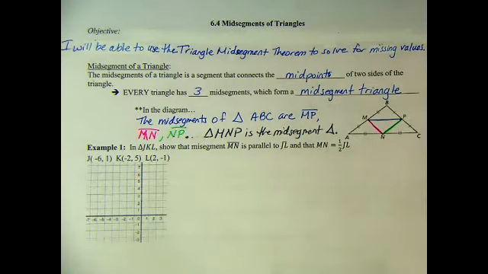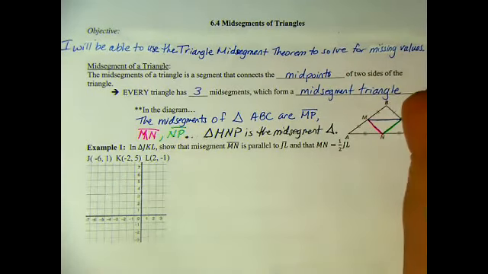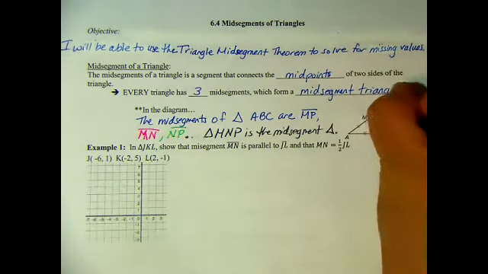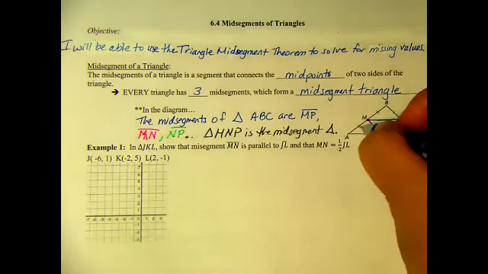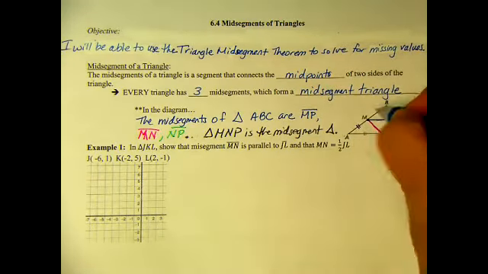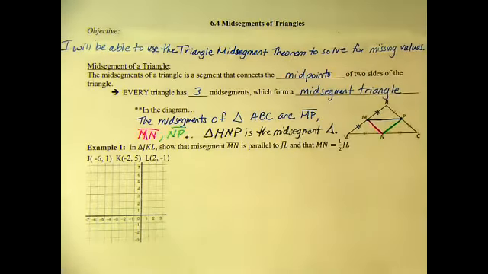I want you to notice what's happening here. If MP is a mid-segment, that means M is the midpoint of AB. So AM and MB are congruent to each other. That's what a midpoint is.